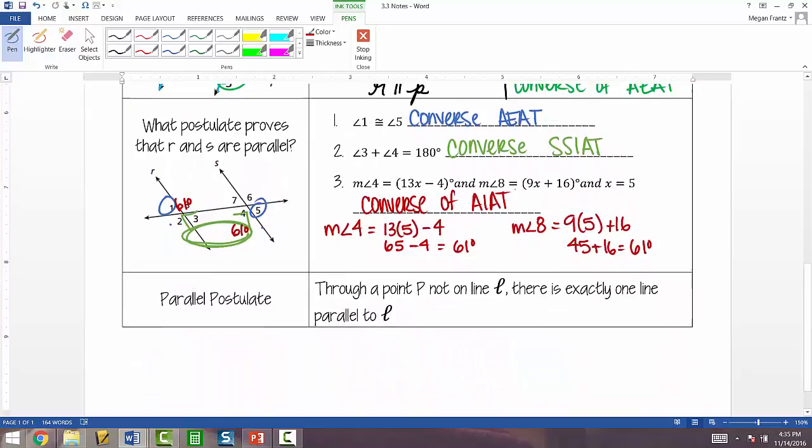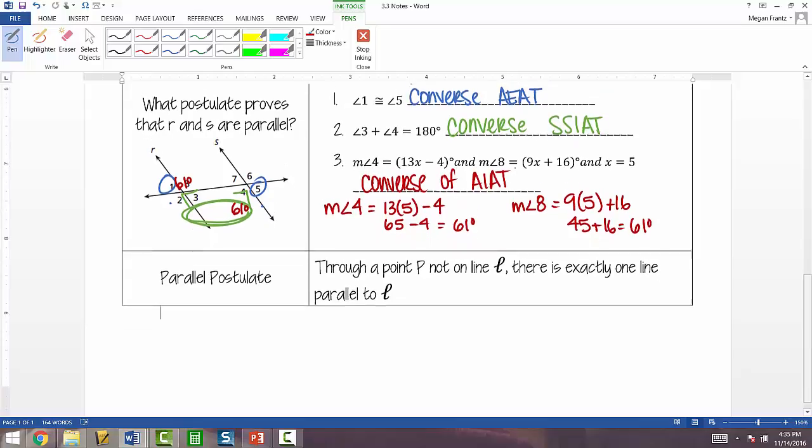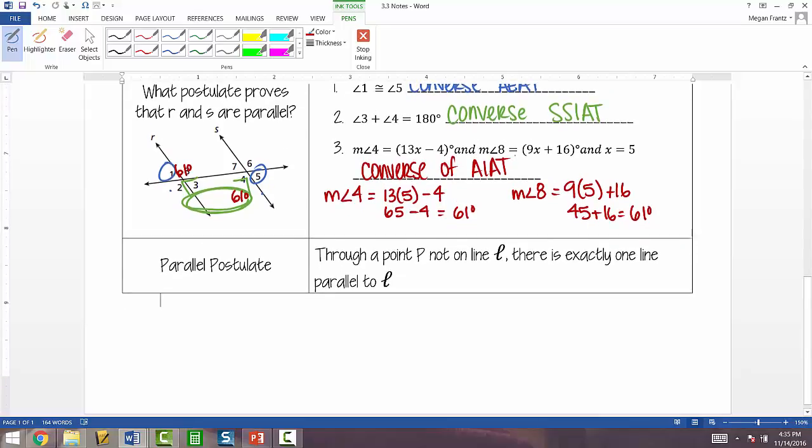And the last little bit here is the parallel postulate. So remember, this is something we're not going to prove. This says that if I have a point P not on a line, then there is exactly one line that is parallel to the line I already have. So draw any line in space. Say I got a line here. And then I have a point P that is not on this line.